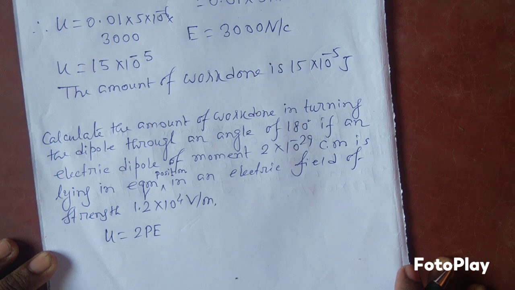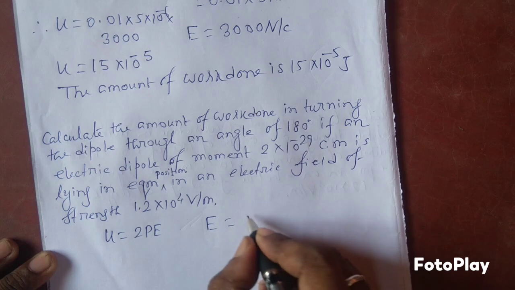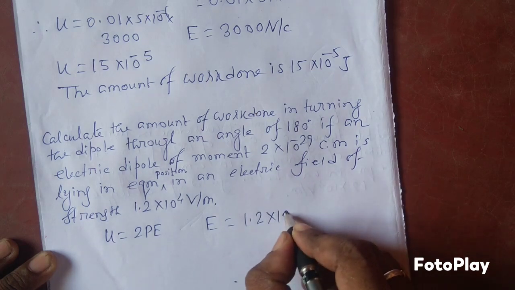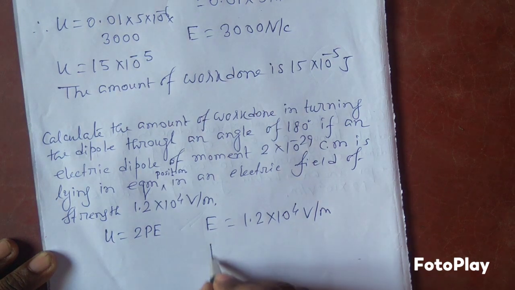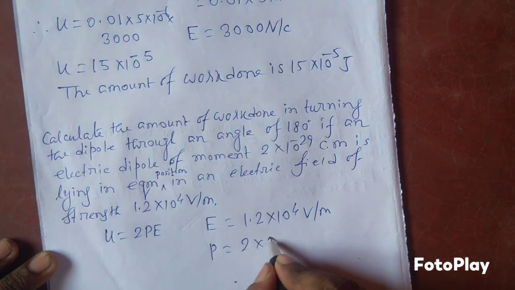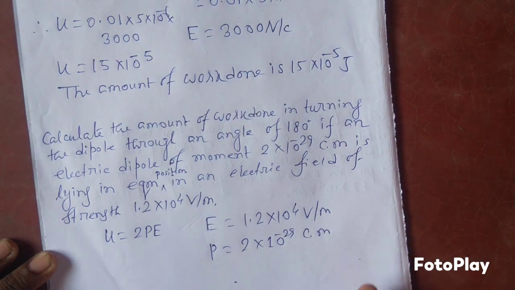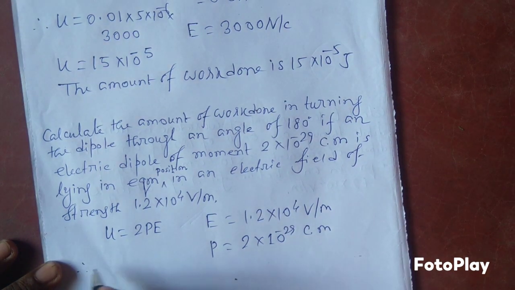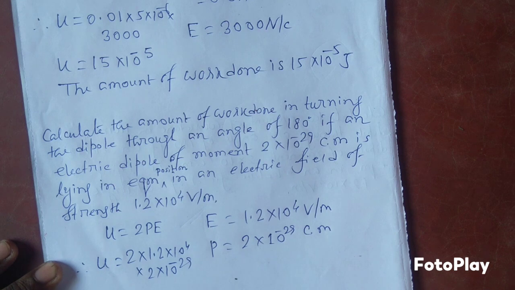So E equal to 1.2 into 10 to the power 4 volt per meter, and P is 2 into 10 to the power minus 29. So putting the value, 2 into 1.2 into 10 to the power 4 into 2 into 10 to the power minus 29.